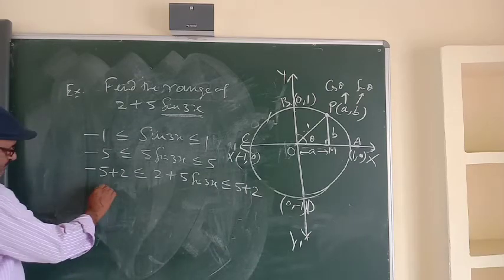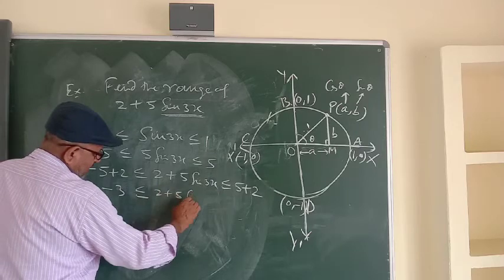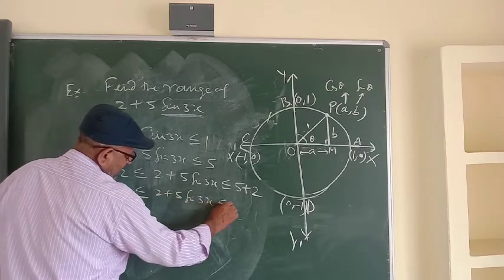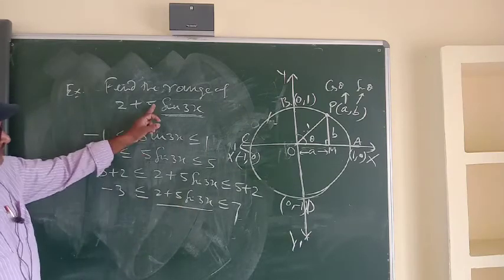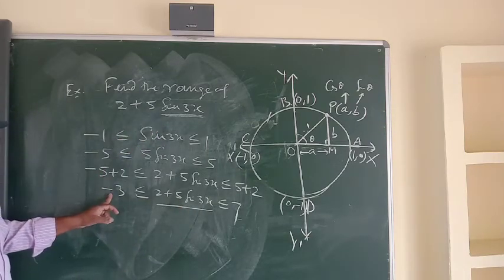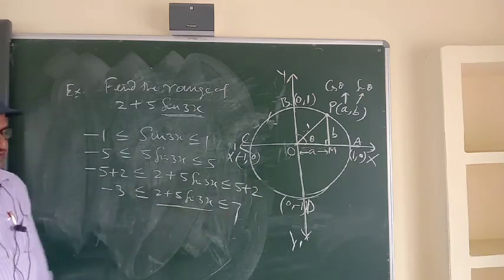Minus 5 plus 2 is minus 3, so minus 3 is less than or equal to 2 plus 5 sine 3x, which is less than or equal to 7. So what is the range of this function? It is greater than or equal to minus 3 and less than or equal to 7.